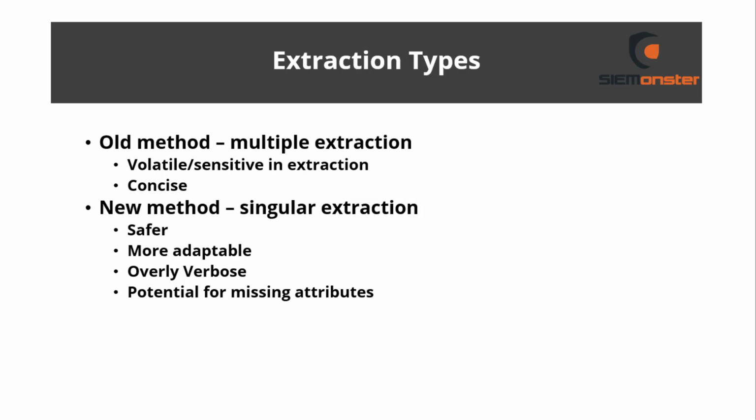Singular extraction is safer. You can more easily adapt it so that if you have multiple firmware versions, and your general structure is exactly the same, but the delimiters change, or the wording changes slightly, or the spacing changes slightly, you can adjust it to extract the various items.